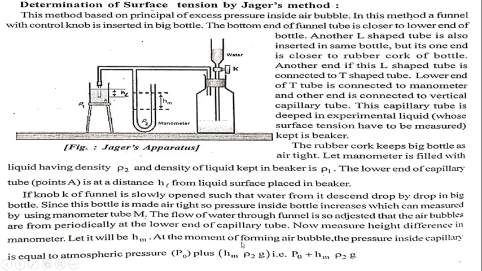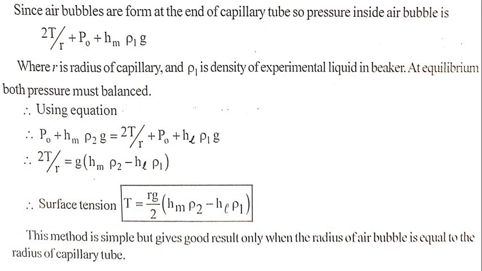At the moment of forming air bubble, the pressure inside capillary is equal to atmospheric pressure P0 plus HM rho 2 G. Since air bubbles are formed at the end of capillary tube, pressure inside air bubble is 2T upon R plus P0 plus HL rho 1 G, where R is the radius of capillary and rho 1 is density of experimental liquid in beaker.